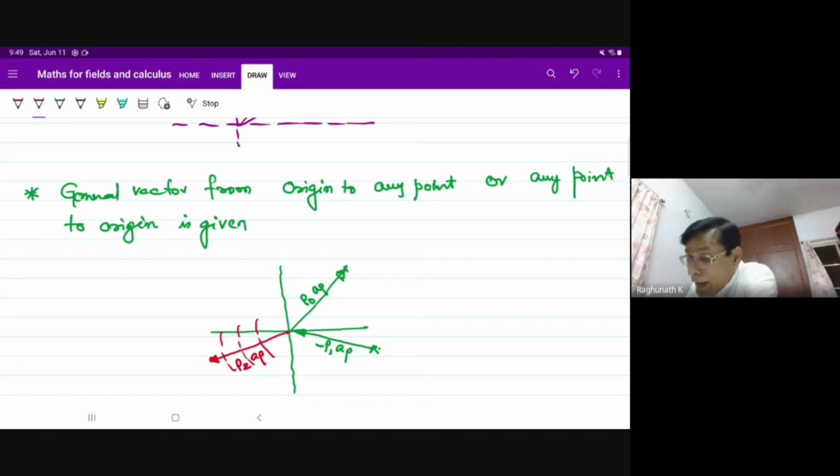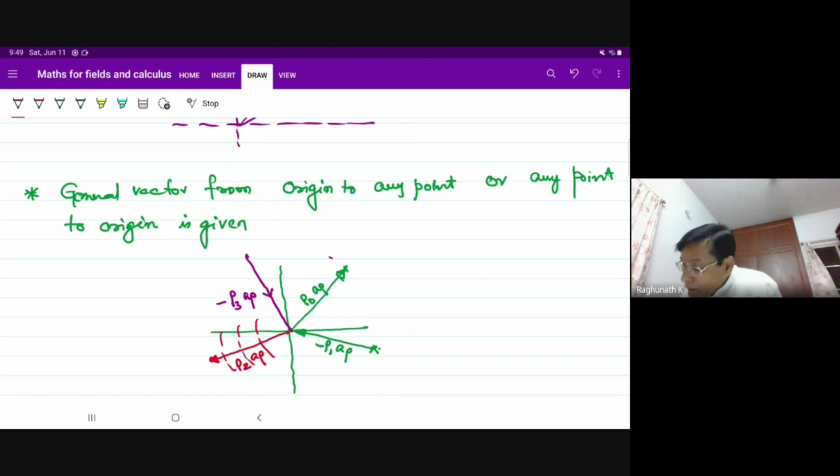In the same way, from this point to origin, it is some minus rho 3 a rho. If I go from any point towards origin, it is negative radial direction. From origin, if I go towards any point, it is straight away radial direction. Correct?